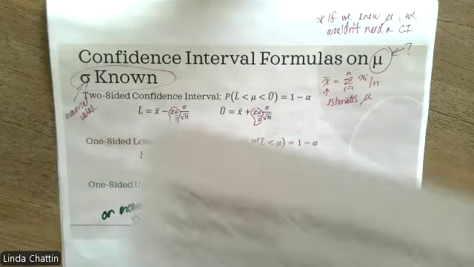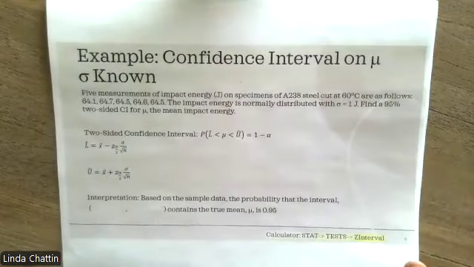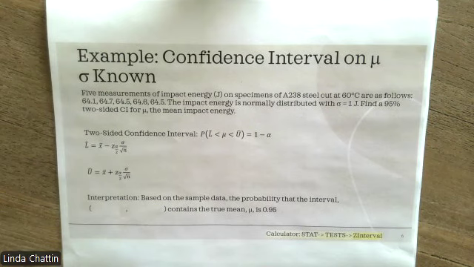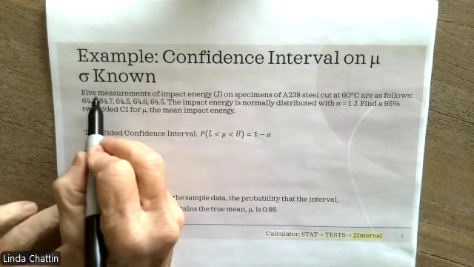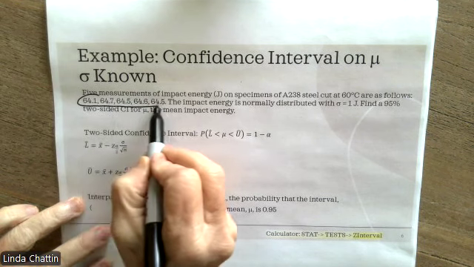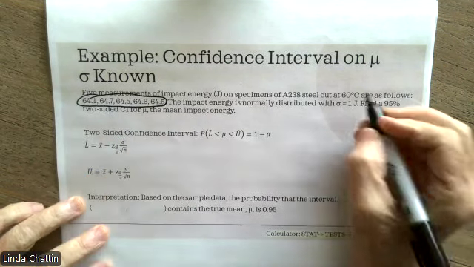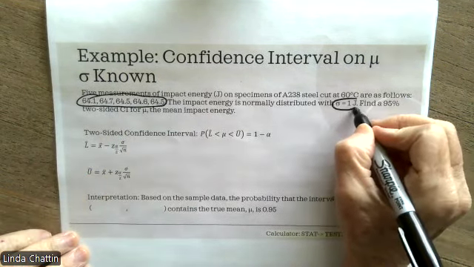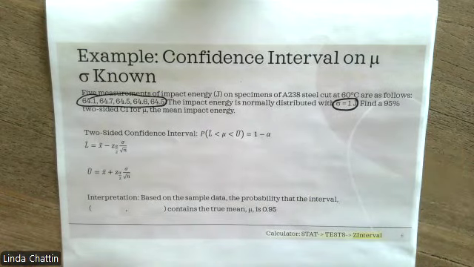So suppose that we have this situation here. We've got 5 measurements in joules of impact energy, all right? Now, it says that we're going to assume, so let's write down everything that it's giving us. Let me circle it here. Here's my data, and this is what I'm going to have to use to get X bar from. But they've also told me that the standard deviation of this data is assumed to be 1 joule.